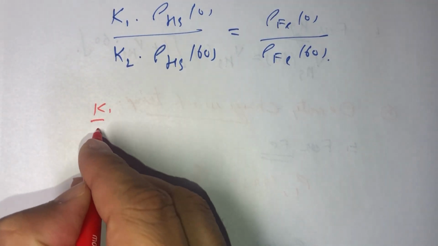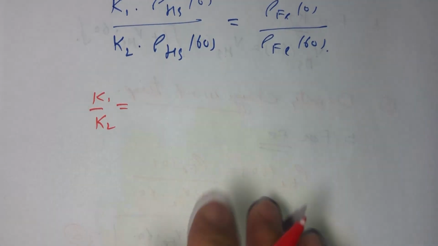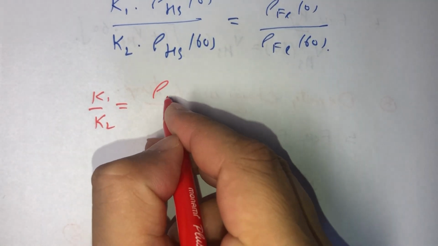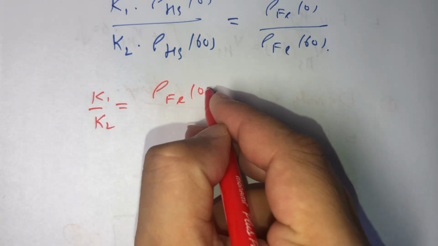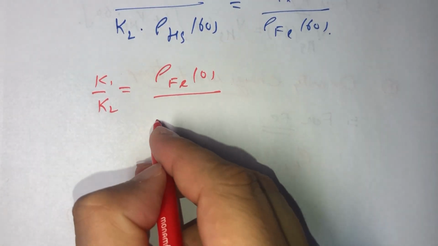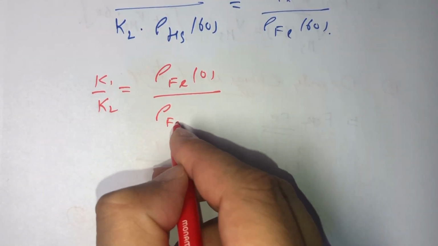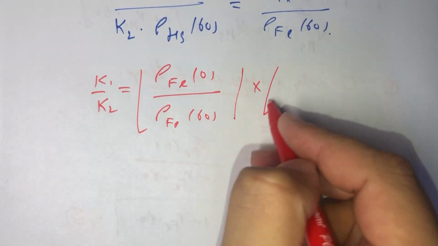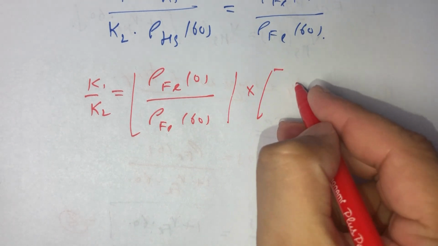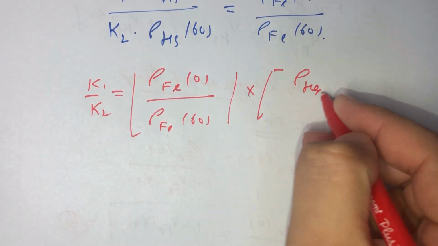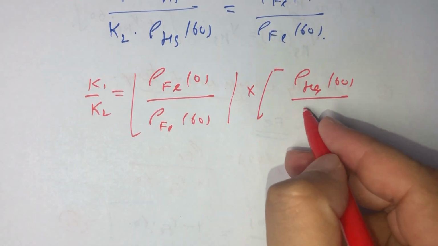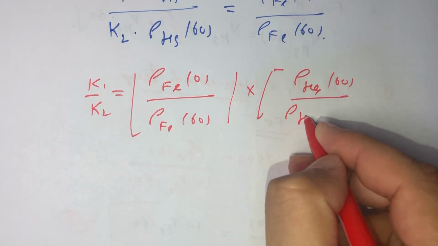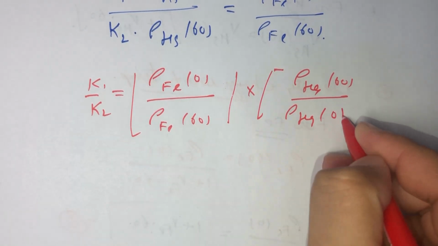So we get K1 upon K2 is equal to density of iron at 0 divided by density of iron at 60. This is one part of the adjustment, and the second part is density of Hg at 60 divided by density of Hg at 0.